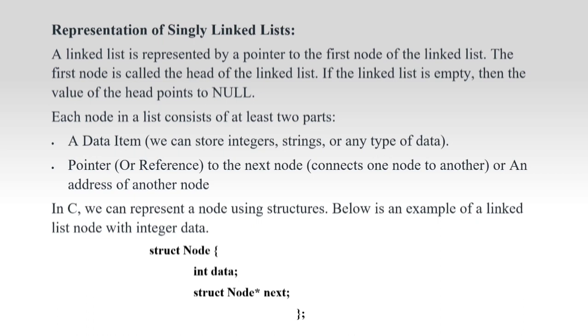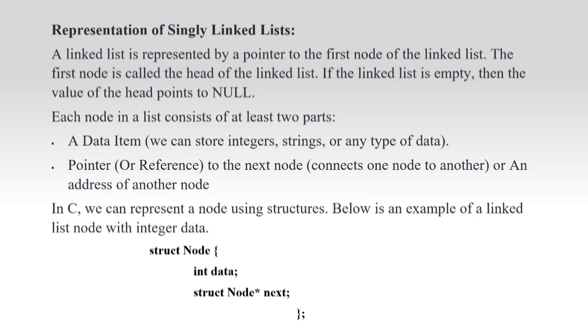Whatever the number of data items may be, they can store integers, strings, or any other data type based on what we define them. And the pointer always refers to the address of the next node. The head, I mean the first node of this linked list, is referenced by a pointer called first. I'm going to explain every topic from the point of view of C programming.